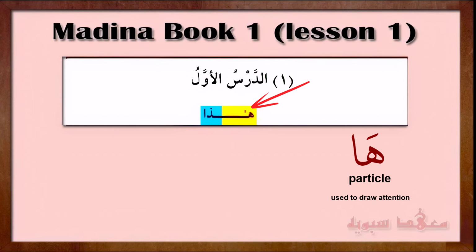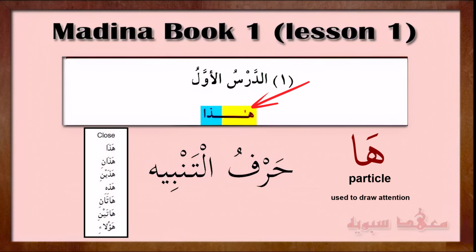And it's a particle which is used to draw attention of the listener. So for example, you have something important and you want the listener to turn his attention to you. You'd use this particle here. This particle is called harfu tanbih, the particle of drawing attention. And this particle is joined to the demonstrative pronouns, the ones that refer to close distance.